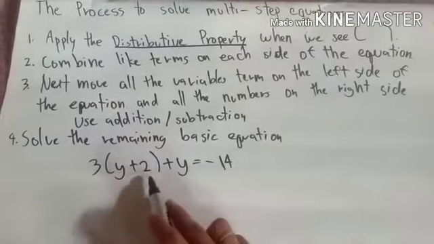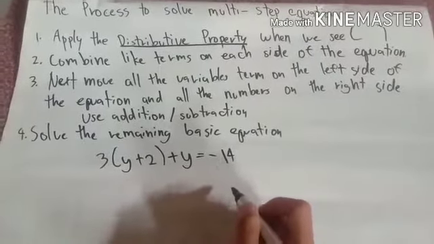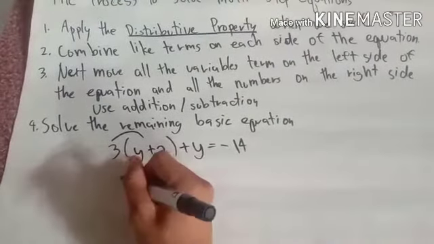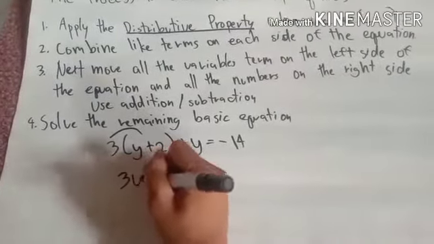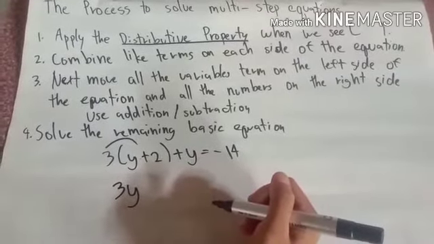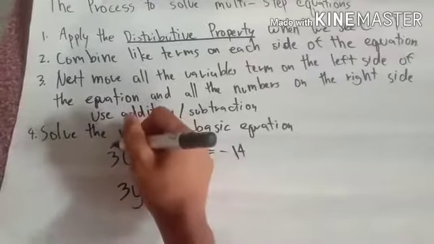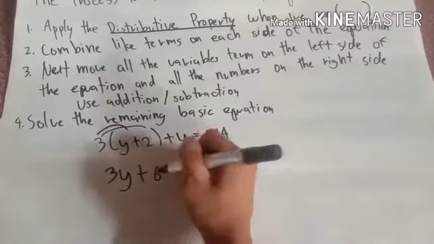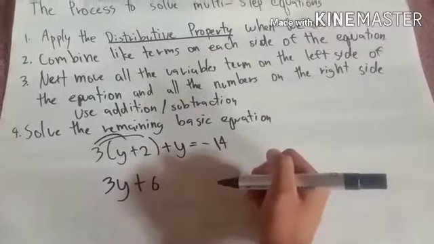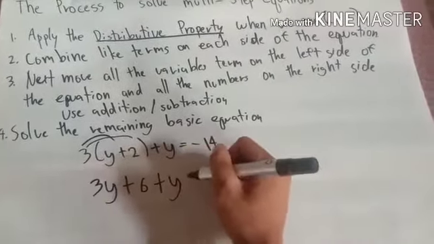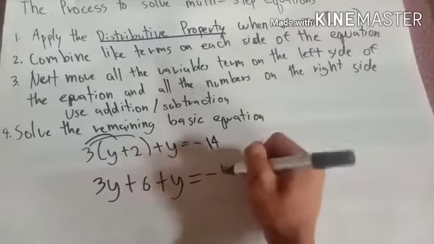Now this is 3(y plus 2) plus y equals negative 14. 3 times y equals 3y, and 3 times 2 is 6, and write the remaining equation, which is plus y equals negative 14.